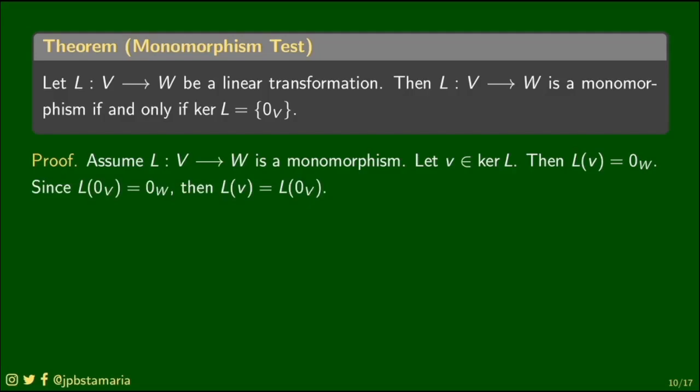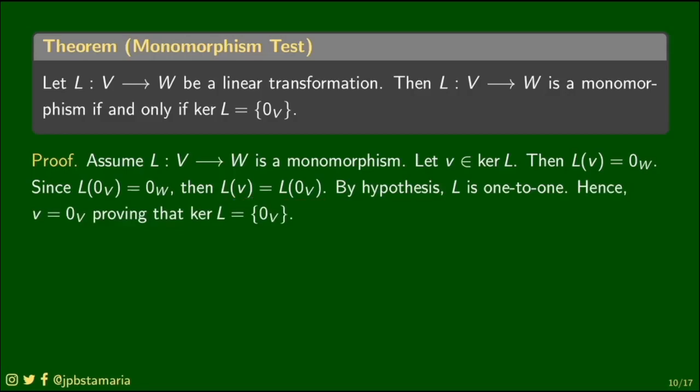But since L of 0_V is by default also 0_W, and L of V is 0_W, it follows that L of V must equal L of 0_V. Because L is one-to-one, whenever L of V equals L of 0_V, it must follow that V is the 0 vector. This proves that if you get something in the kernel, it's nothing but the 0, therefore the kernel can only have one element. Okay? So that proves 50% of the statement.